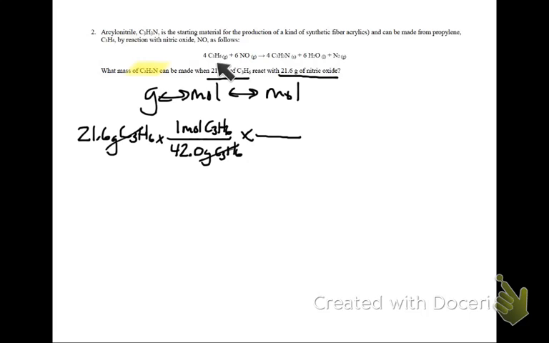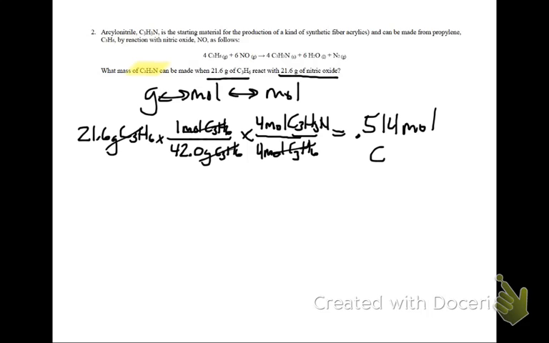And if we look up at our balanced equation, there is 4 moles of C3H6 for every 4 moles of C3H3N. So it's a 4-to-4 ratio. Cancel, cancel. And we can solve this out to see how many moles that would produce. If we were to react the propylene, 21.6 grams of it, we would get 0.514 moles of acrylonitrile.